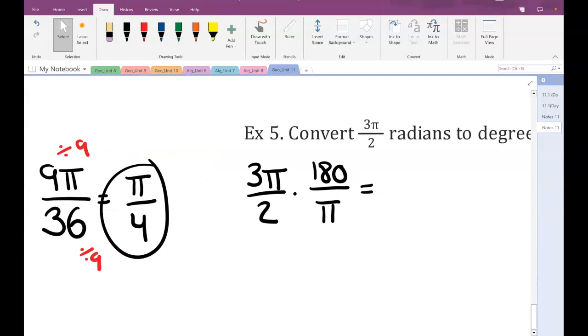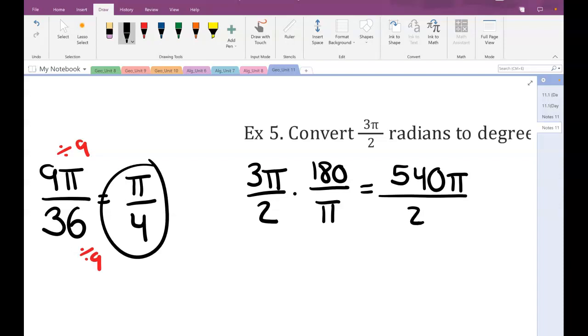You could do this two ways. You could cross simplify here, or we'll just do it how I did in the other problem and simplify once we have all of our numbers in one spot. So take 3 pi times 180, which is 540 pi, divided by 2 pi.